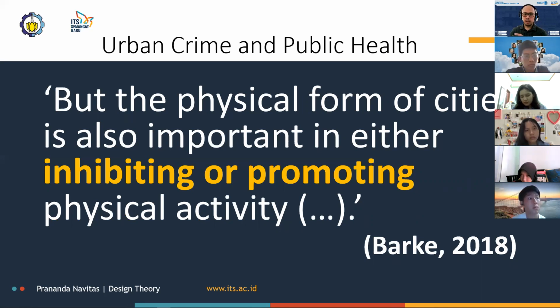So, as I mentioned just earlier about compact urban forms, where everything is within close proximity from one activity to another, where we can just walk around, that, other than impacting energy and emissions, would also impact public health.